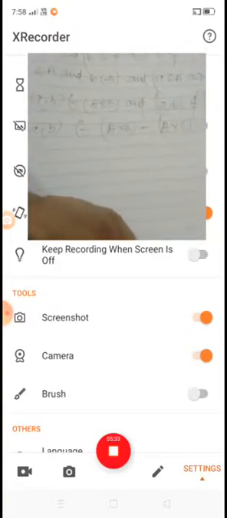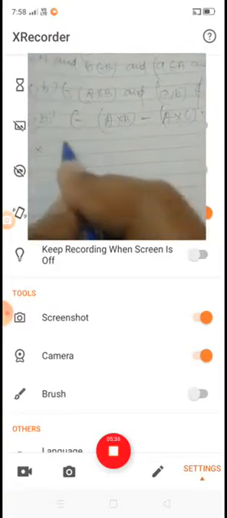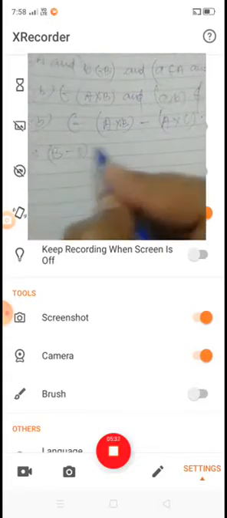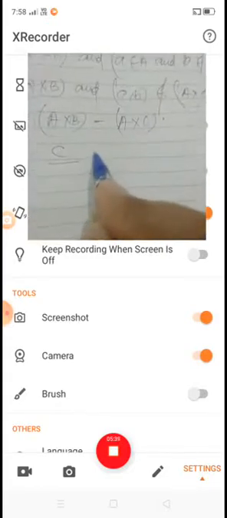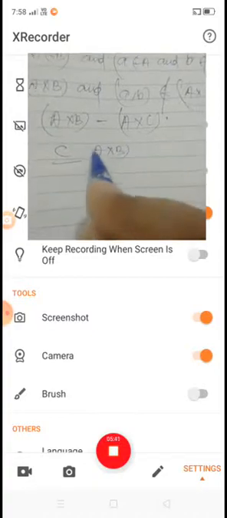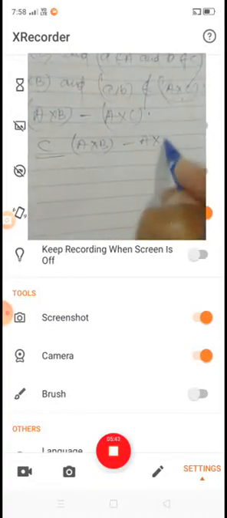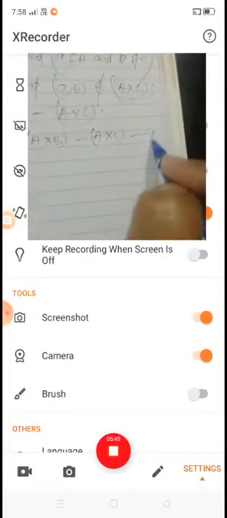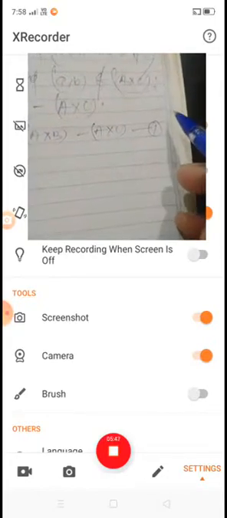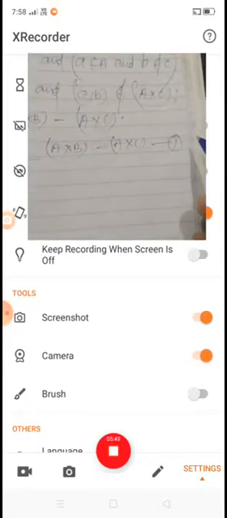Since we can say that A cross (B minus C) is a subset of (A cross B) minus (A cross C), take this as equation number 1.